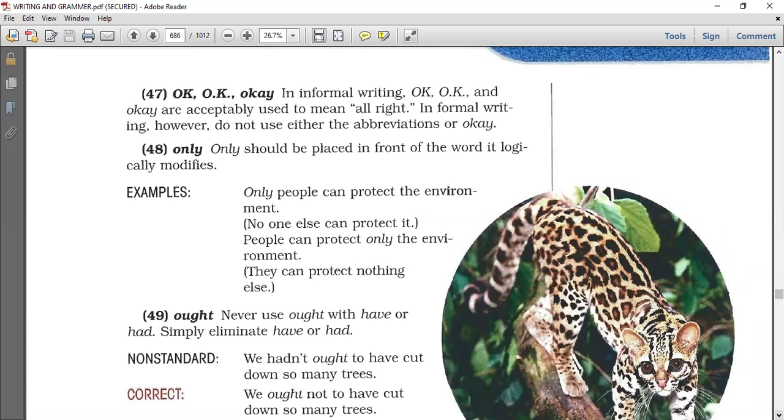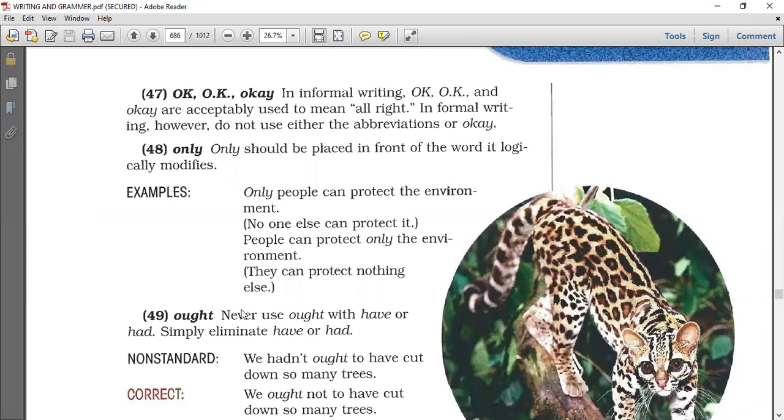This is in informal English. In formal writing, however, do not use either the abbreviations or okay. Do not use any of them. They are not formal English. Do not use any of the three words in written English. When you are writing an essay, never use any of these words.